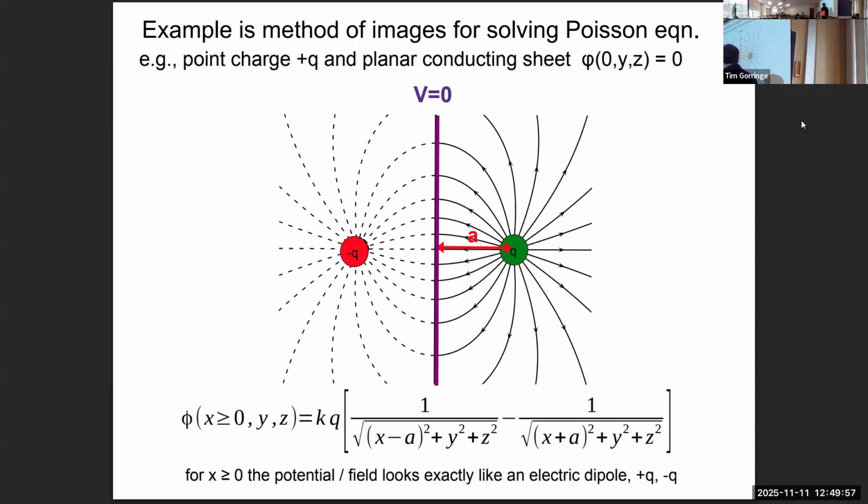Supposing we had an arrangement where we have a conducting plate and a point charge. And here in the diagram, the conducting plate is standing vertically and it's grounded. So it's at potential 0 volts. And then here is a point charge in the neighborhood of the conducting plate, placed to the right of the conducting plate at some distance a from the conducting plate.